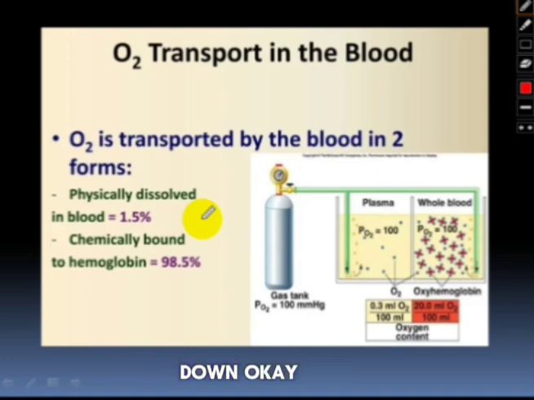In fact, some authorities will also tell you that only 1% dissolves in plasma and 99% binds with hemoglobin. Don't get confused by all of these figures or values you read.